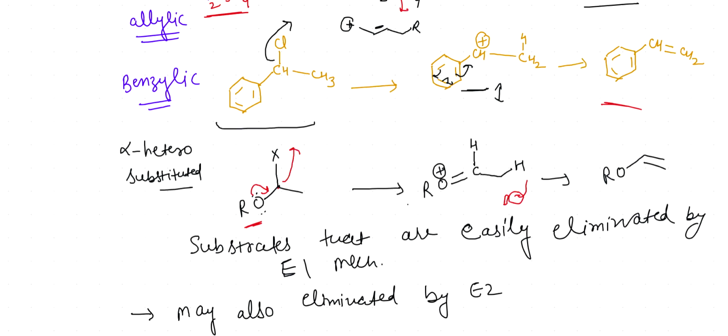Then there is the formation of a bond, and the bond between carbon and oxygen is breaking. It is converting into a single bond. This finally led to the formation of alkene. So these all are the examples in which it follows the E1 mechanism.